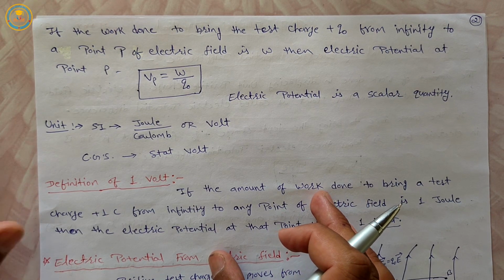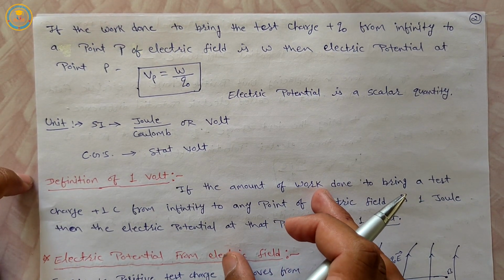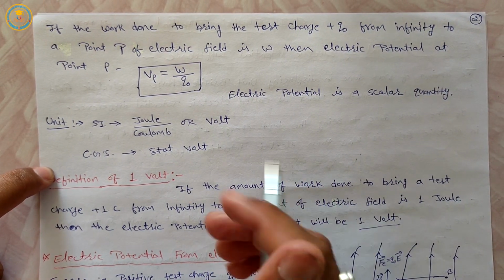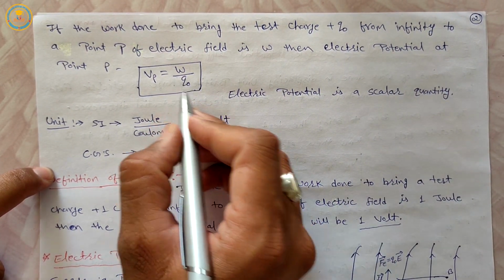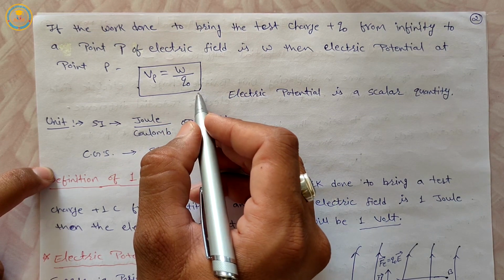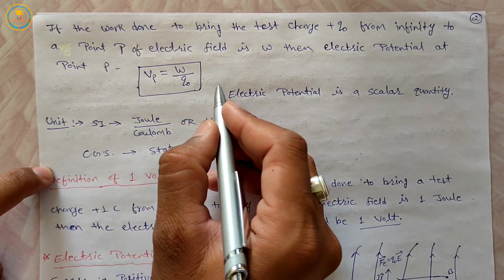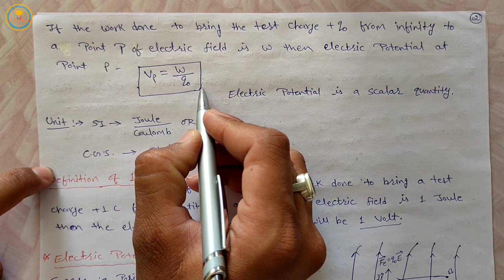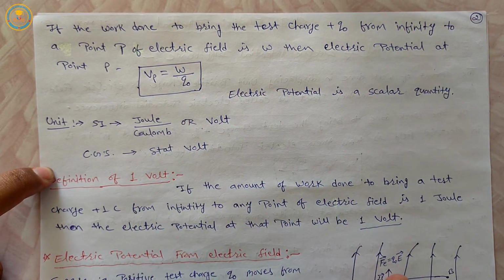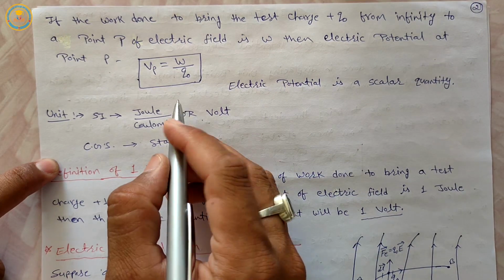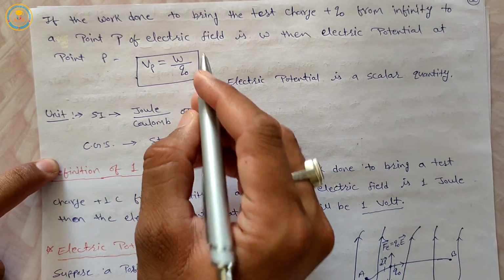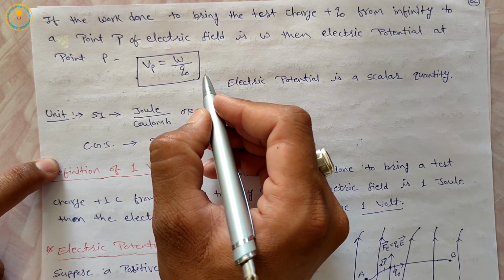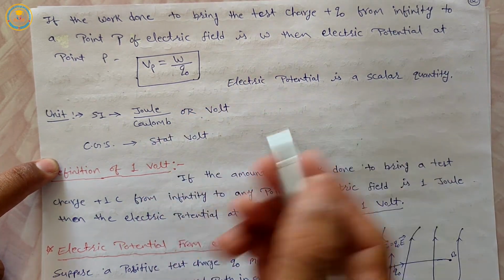Now, the unit of electric potential and potential difference. We see that the formula of electric potential and potential difference is the same, work done upon test charge. So, the unit in the SI system: we know that the unit of work done is joule and the unit of charge is coulomb.